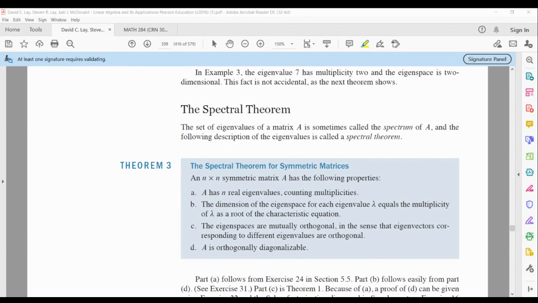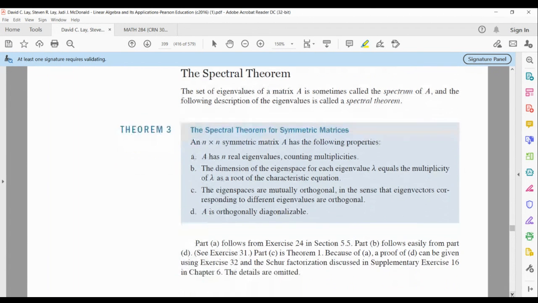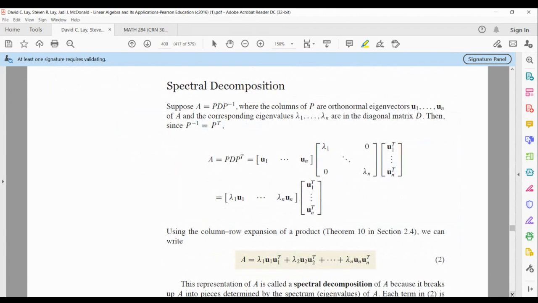The last thing I'll mention here, because I want to give you some time in class to work, is they talk about how you can take a matrix A and do what's called a spectral decomposition.